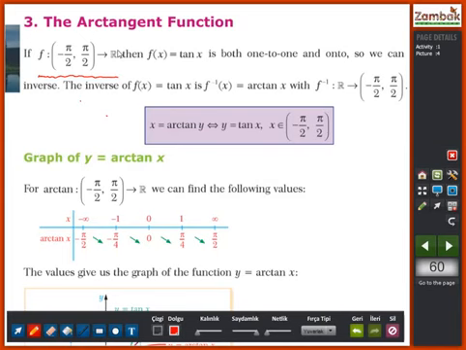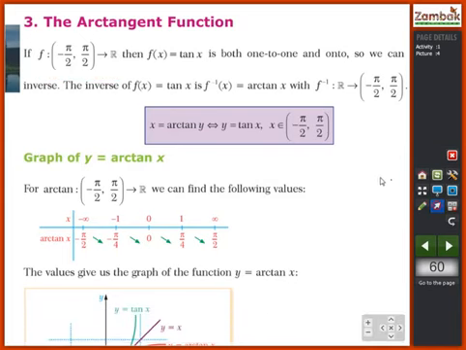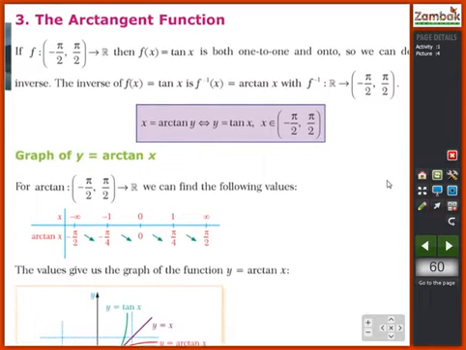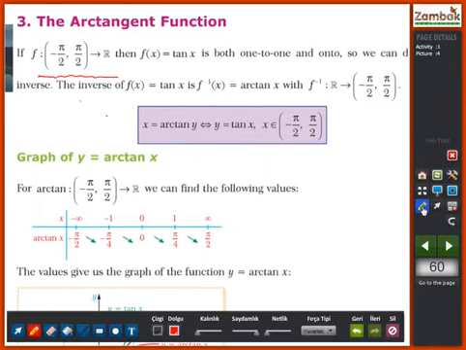For the inverse function, we said the inverse does what the function does. So the domain of the inverse function is all real numbers, which is the range of the function, and the range of our inverse function is between minus pi over 2 and pi over 2, which is the domain of our function.